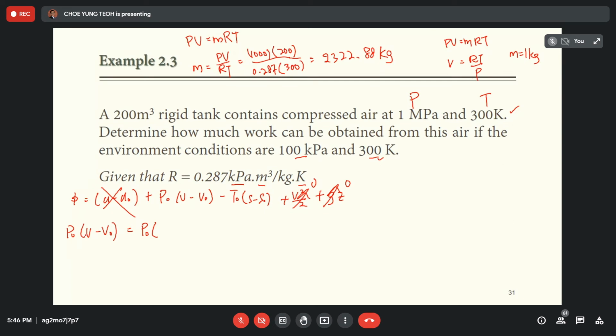So I can write down V will become RT over P, which I have the R, T and P. Maybe I can put 1 for the first stage, initial stage. R does not have any stage because R is constant, always 0.287, T1 and P1. And minus V0, also the same thing, R T0 over P0. So from here, I should be able to get the work done to the surrounding. P0 is 100 kilopascal.